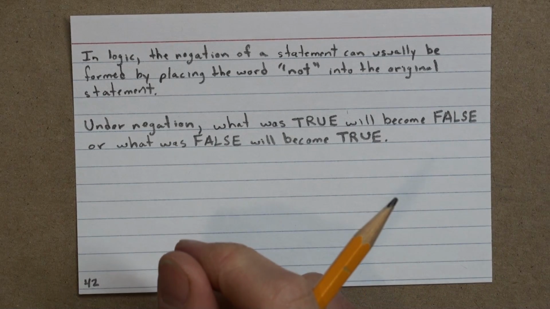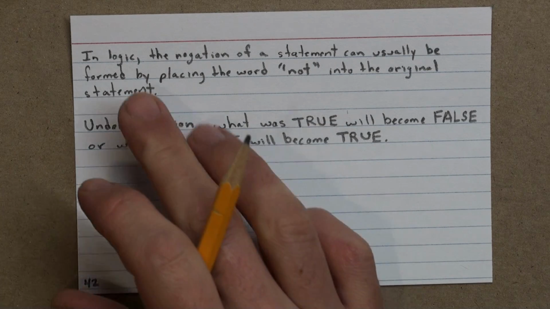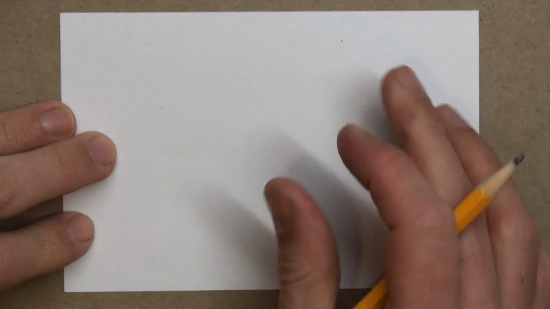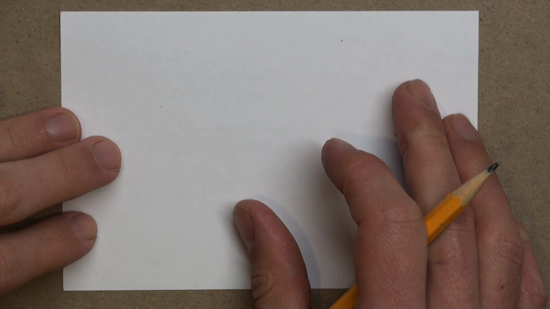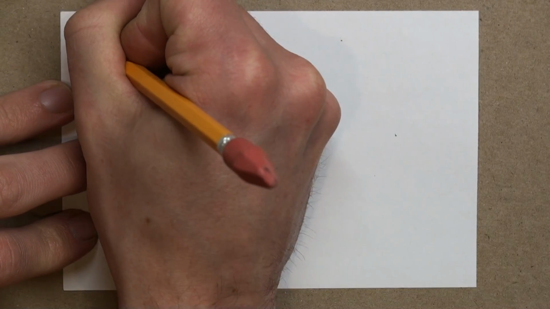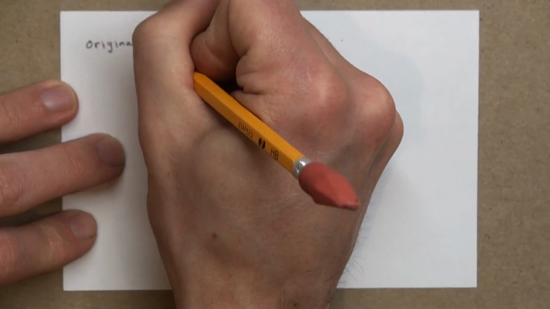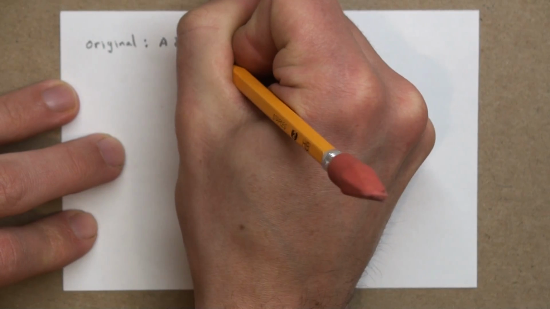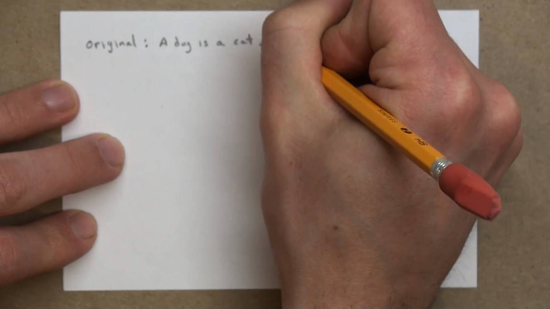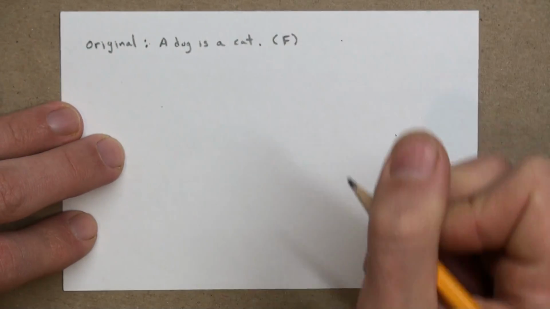Okay? And let's do a simple example. So let's say we had the original statement, a dog is a cat. And this is obviously false.